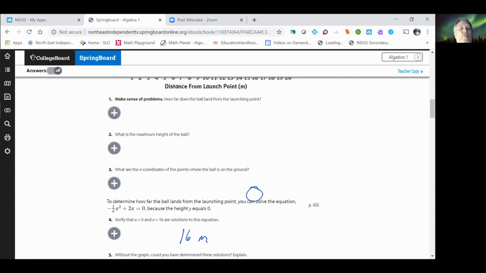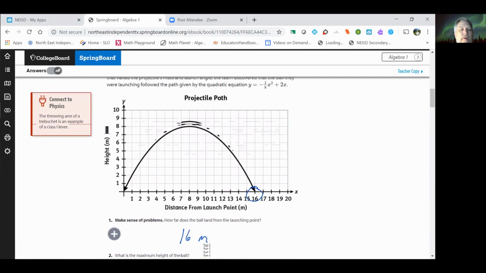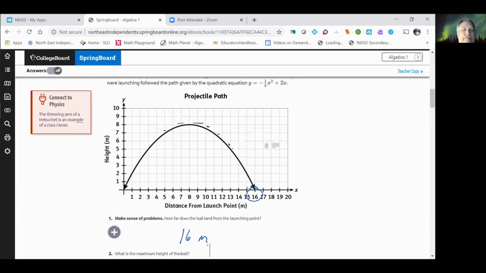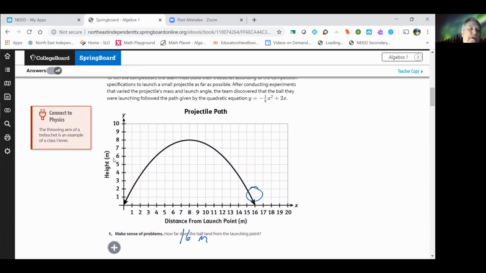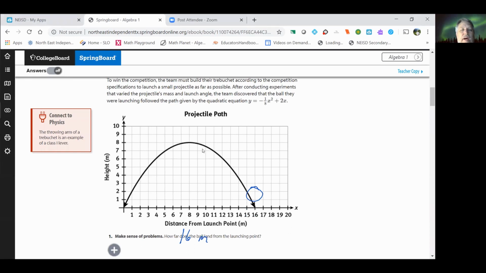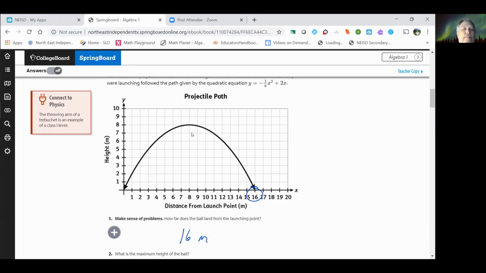All right, item 2 says, what is the maximum height of the ball? Again, we're looking through here. The maximum height, remember, is your y value, which is our height. We just look for the highest point. That's going to be somewhere up here, probably right around 8.